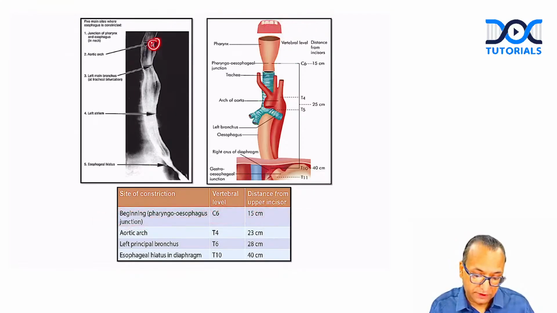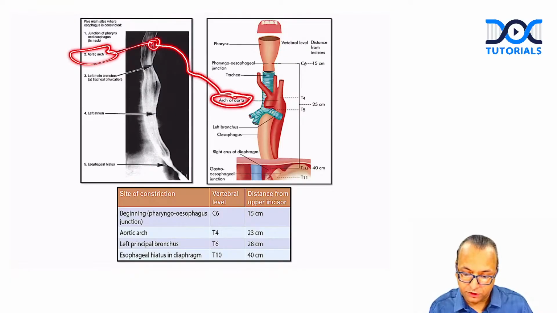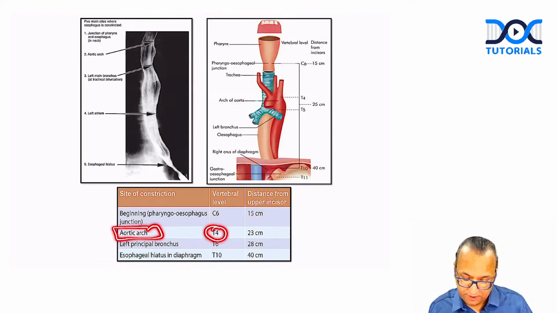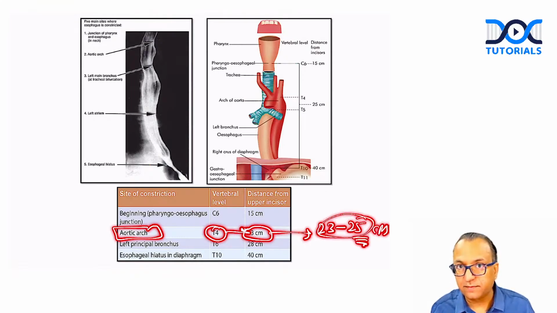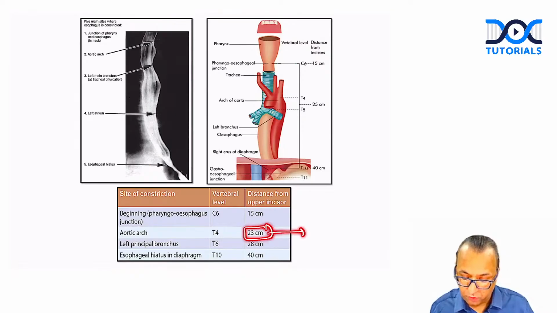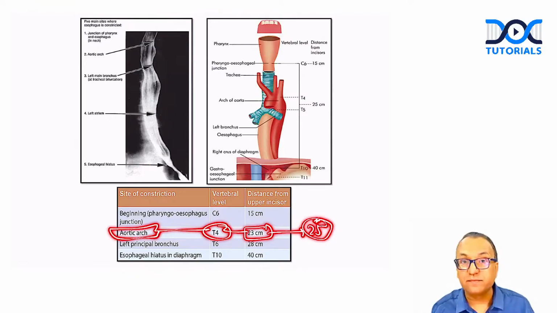The second is due to the aortic arch, T4 level, 23 centimeter. I have read Sebastian surgery, so you keep it 23 to 25 centimeter. I'm adding here something to Gray's anatomy. It is 23 to 25 centimeter. So when you get 23, 25, you should answer it as T4 or arch of aorta.